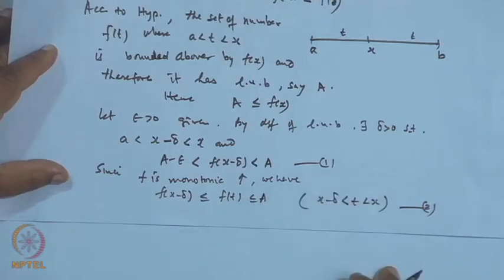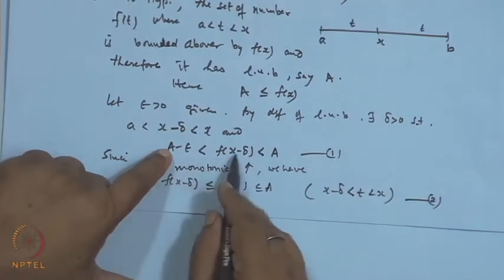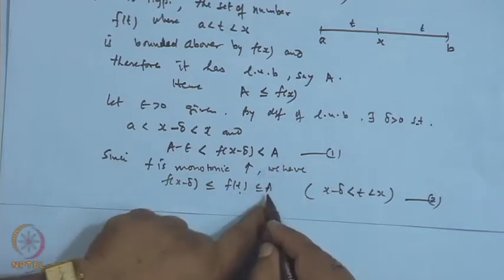Okay. So, if we combine 1 and 2, what happens? A minus epsilon is less than f of x minus delta, which is less than or equal to f of t, which is less than or equal to a.